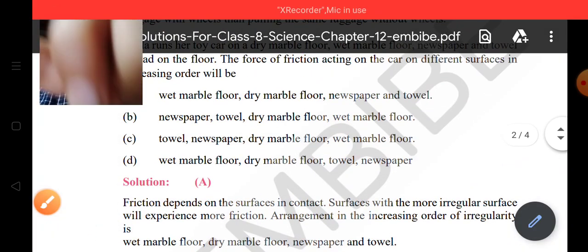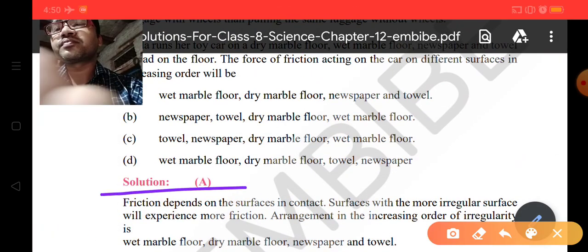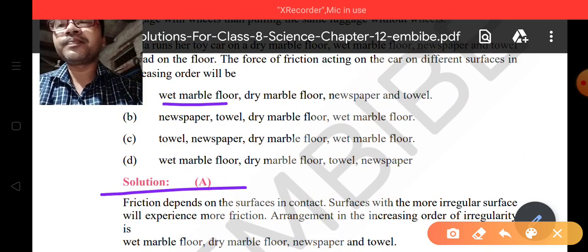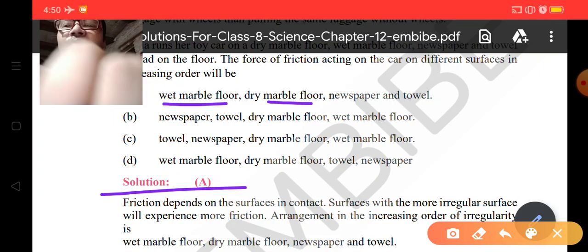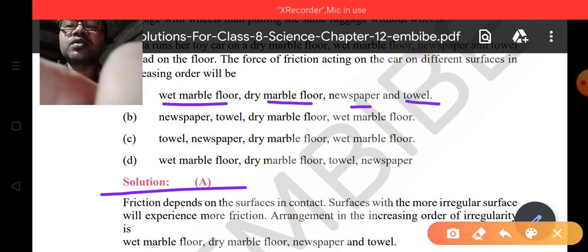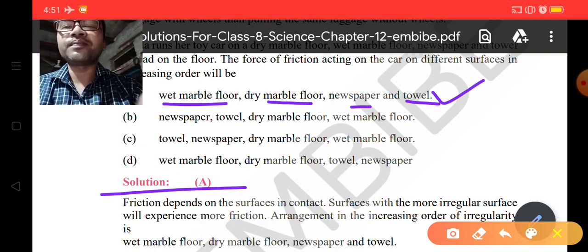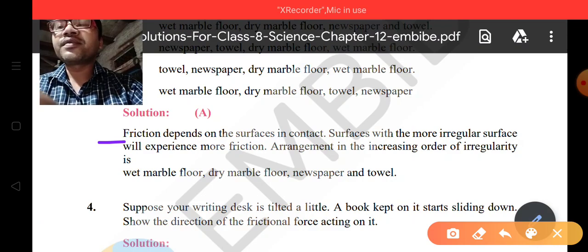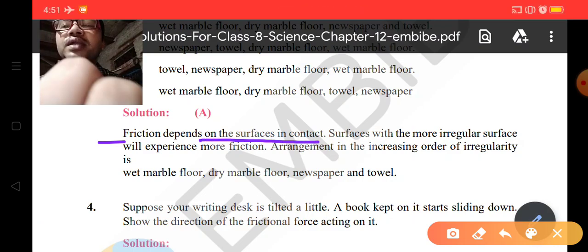You can see here the wet marble floor has minimum friction, then dry marble floor, then newspaper, and the maximum friction is in case of the towel. So this is the correct option. Answer, or you can say explanation, is given here. Friction depends on the surfaces in contact.